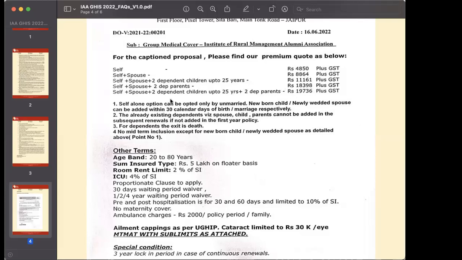In fact, one of our alums did this today. They took self plus spouse and said, "I don't want the spouse, I only want to add parents." Then I explained that even if you take self plus spouse plus 2 parents, the amount will be the same as self plus 2 parents. So it's better that you add her also.